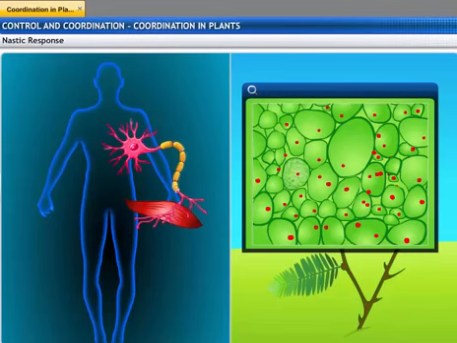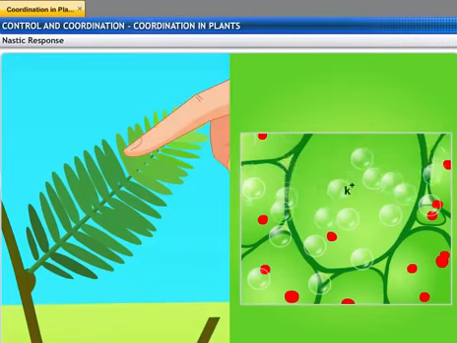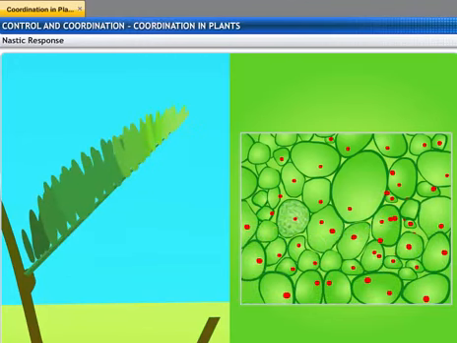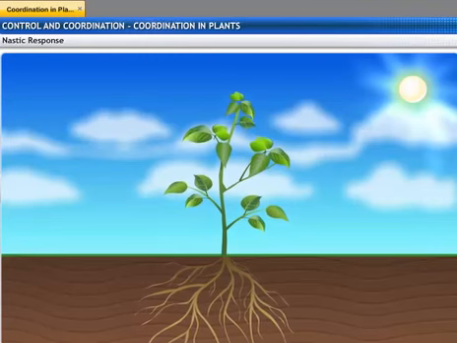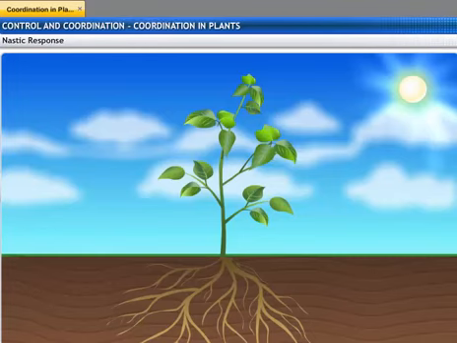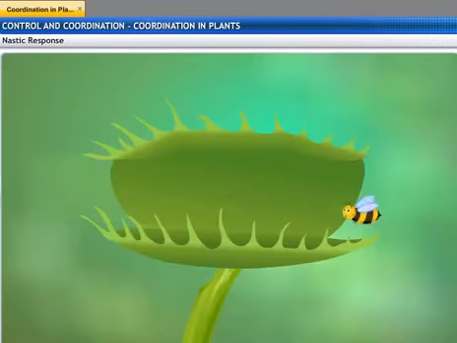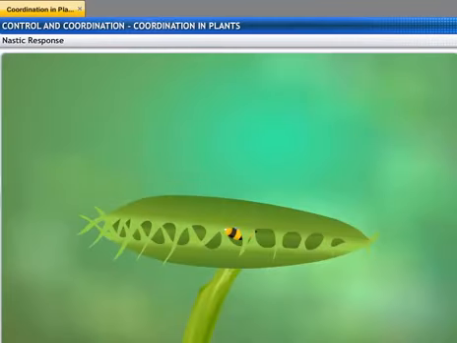Instead of the specialized proteins found in animal muscle cells, plant cells change shape by changing the amount of water in them, resulting in swelling or shrinking, and therefore in changing shapes. This type of response is called nastic response. Unlike tropisms, movement in plants do not occur in the direction of the stimulus. Some other examples are the opening and closing of flowers and the movement of the Venus flytrap.